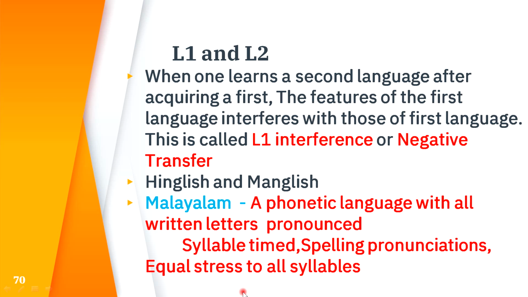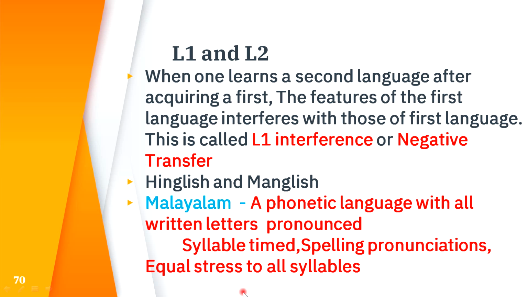Besides, the stress system is syllable timed, as we have already seen. So, the Malayali speakers of English resort to spelling pronunciation, giving equal stress to all sounds in words and sentences.